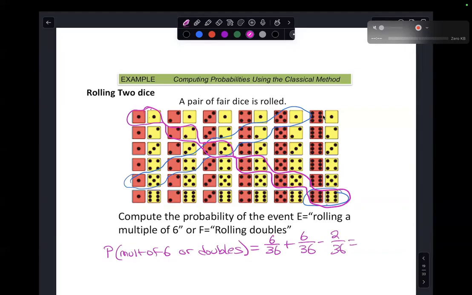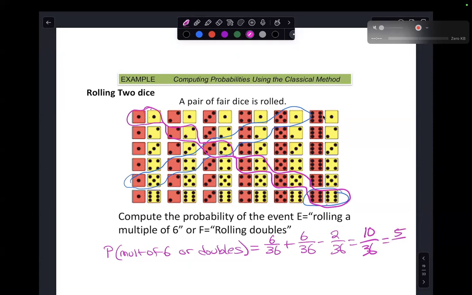Okay, so I have 6 of 36 plus 6/36 minus 2. So 12 minus 2, so I have 10/36. Did you get a different number, did I count them wrong? You have a different number than I do. Okay, there we go. I accidentally used 52 as my denominator instead of 36.